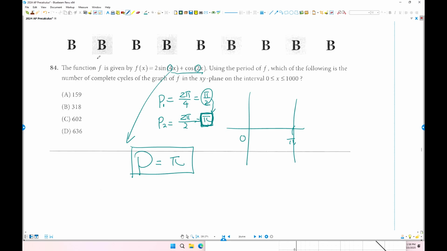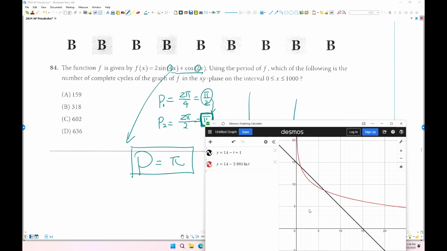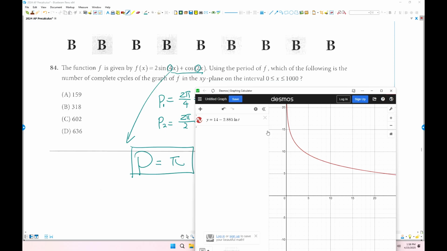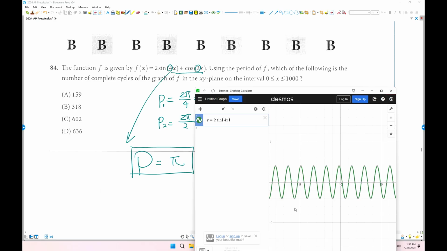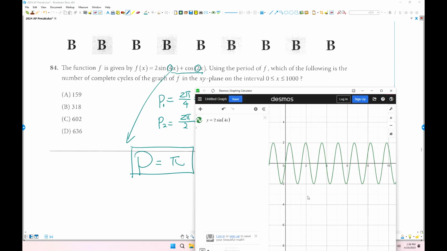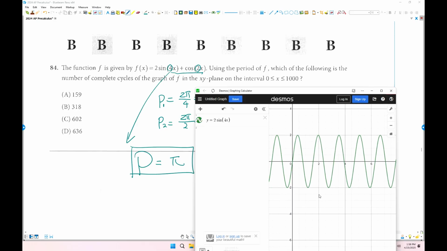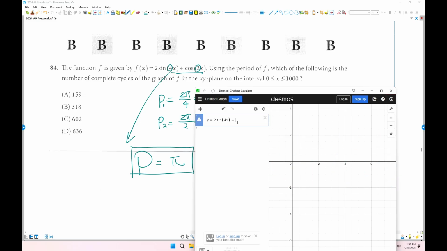So I'm going to show you the graph, in case, of how it looks. So y equals 2 sine 4x. You can see it over here. This is period 2 pi, right? Can you see that? Very compact, all right? But another one over here, I'm going to put over here: cosine 2x.